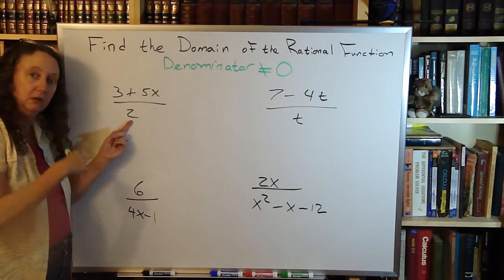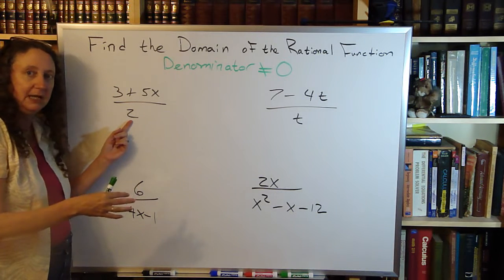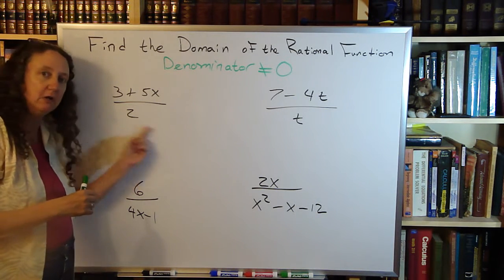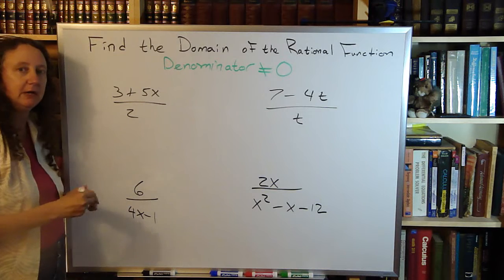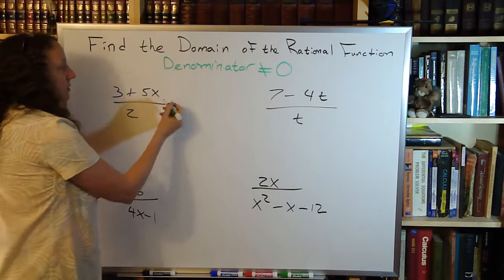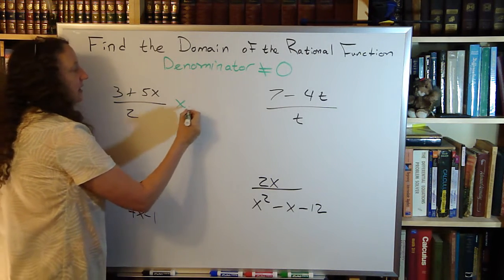So if it's a regular number, just a plain number, there's no variable in there, you don't have to worry about it. Our variable, x, can be any number.